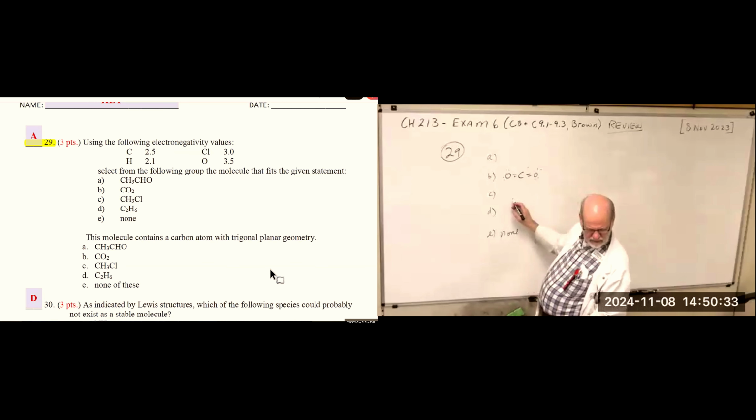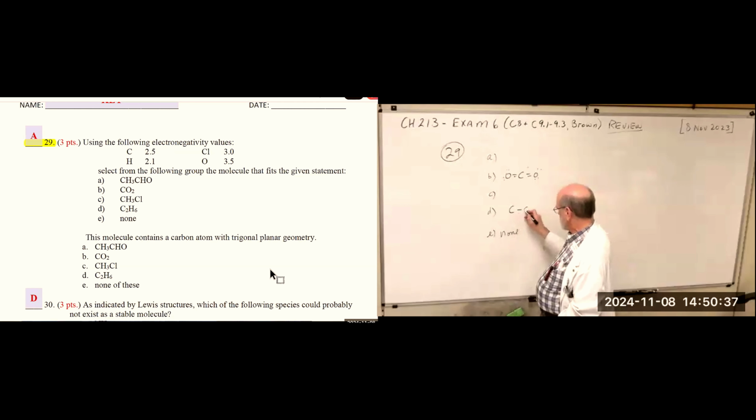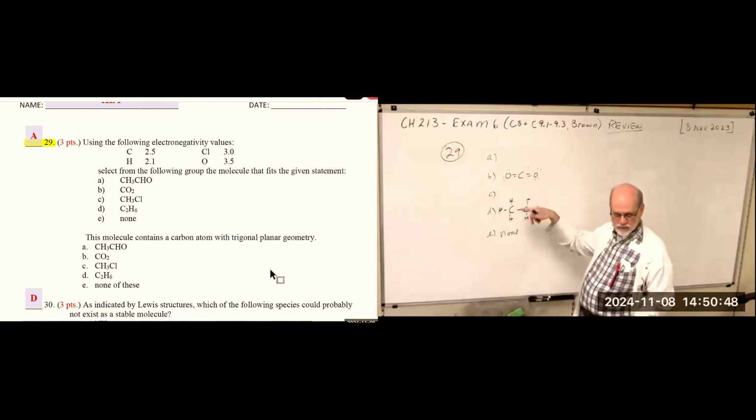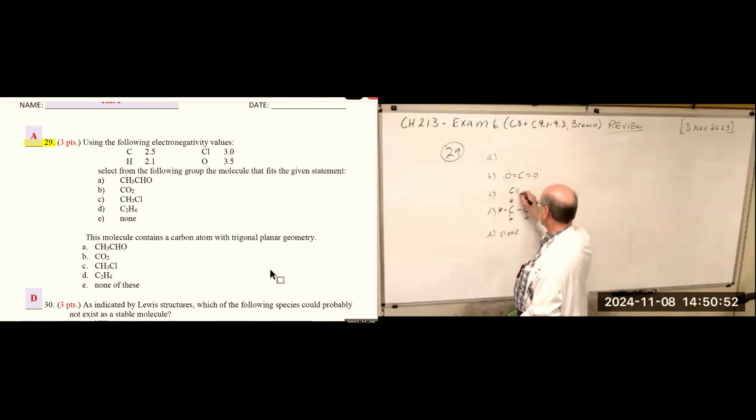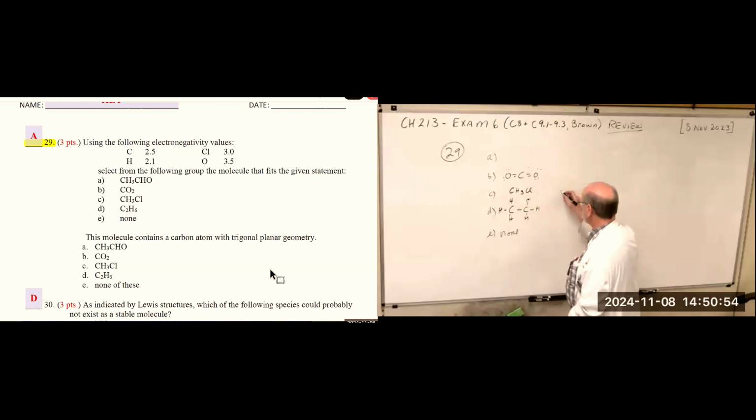C2H6 is D. C2H6 is like that. Both of those carbons are tetrahedral, so you have 4 groups around each one. CH3Cl would be like that, and like that, I think.